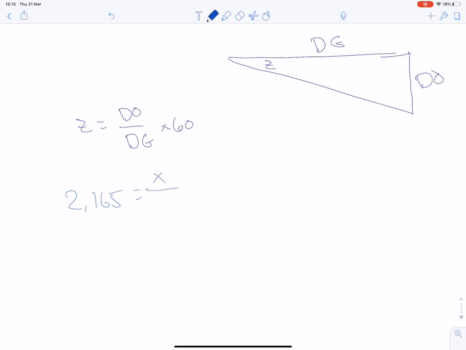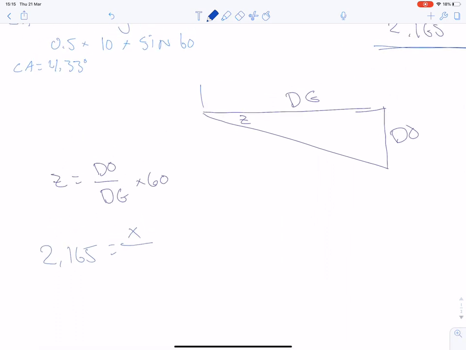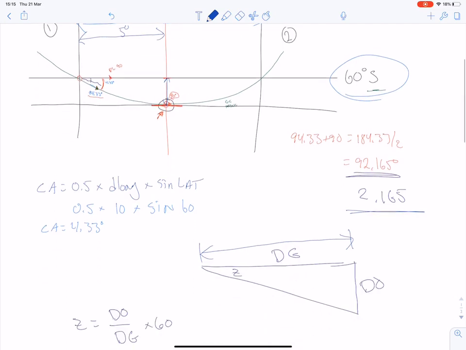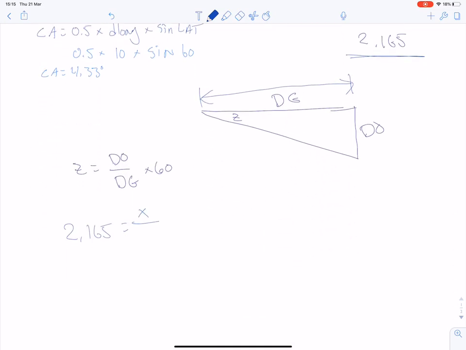So it will be x. And we need to know this distance here, which will be easily calculated as this being the 5 degrees from 30 to 25. We need to do the departure formula for that. Departure in nautical miles equals d long in minutes multiplied by cos of the lat.